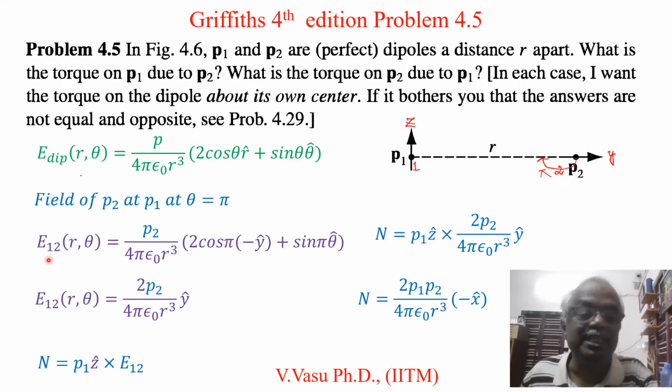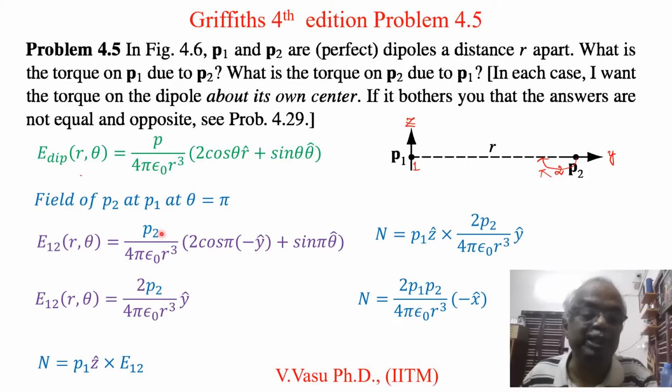That is the electric field at point 1 due to the dipole P2 kept at point 2. I have mentioned that as E12, which is a function of r and theta. Here, we are finding the electric field due to this P2.